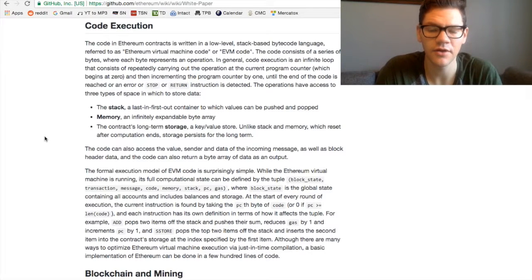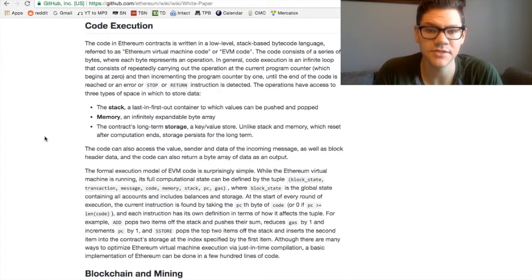In general, code execution is an infinite loop that consists of repeatedly carrying out the operation at the current program counter, which begins at 0, and then incrementing the program counter by 1 until the end of the code is reached, or an error or stop or return instruction is detected.